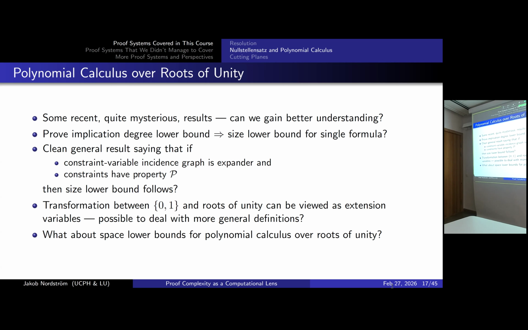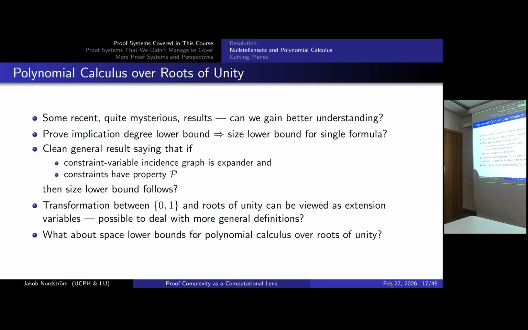So we looked at some degree, so there now we know that degree lower bounds will obviously not give you size lower bounds, because over the ±1 basis we have the same degree lower bound for Tseitin, but obviously not a size lower bound over ±1.